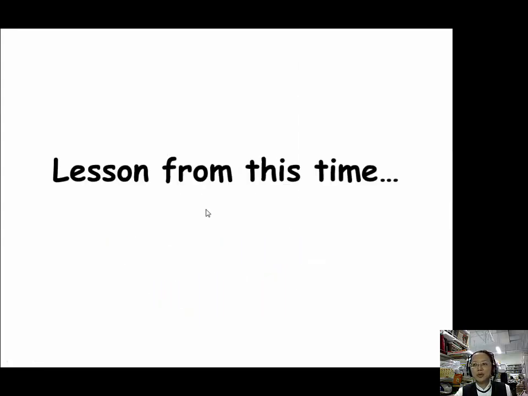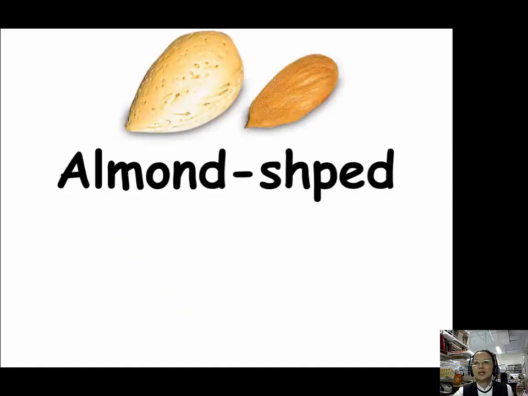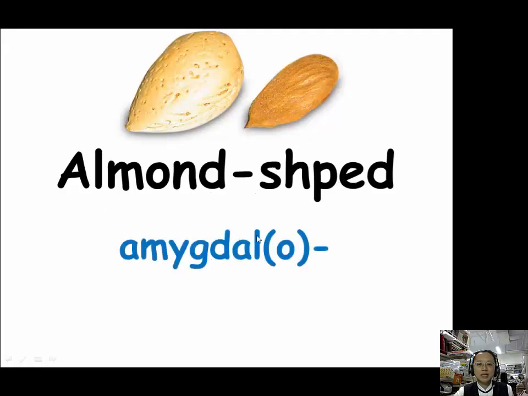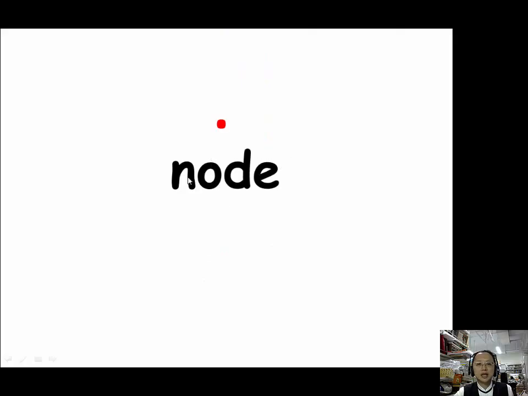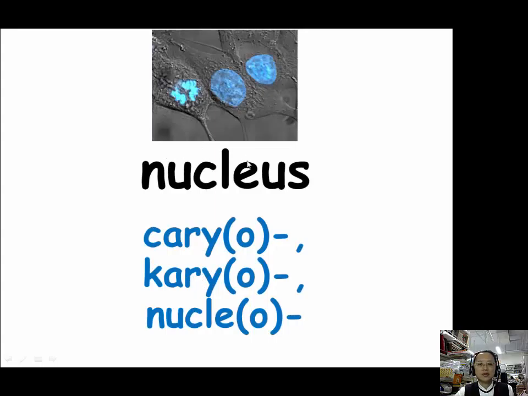We have finished all the prefixes for Lesson 8. Let's review what we've done today. When we want to describe things that are shaped like an almond, we use amygdalo, A-M-Y-G-D-A-L-O. For things that are shaped like a star, we use astro, A-S-T-R-O. For things that are shaped like a node, we use nodo, N-O-D-O. For things that look like a nucleus, we use karyo, C-A-R-Y-O and K-A-R-Y-O, and also nucleo, N-U-C-L-E-O.